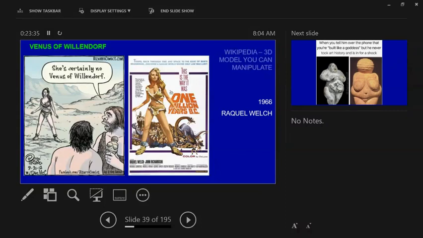And many men desired Raquel Welch. And in the comic on the left, it is showing the difference in attitudes of what is beautiful and what is not. In 1966, Raquel Welch is the most beautiful, but in 20,000 BC, it is the Venus of Willendorf that he is holding that is the most beautiful.